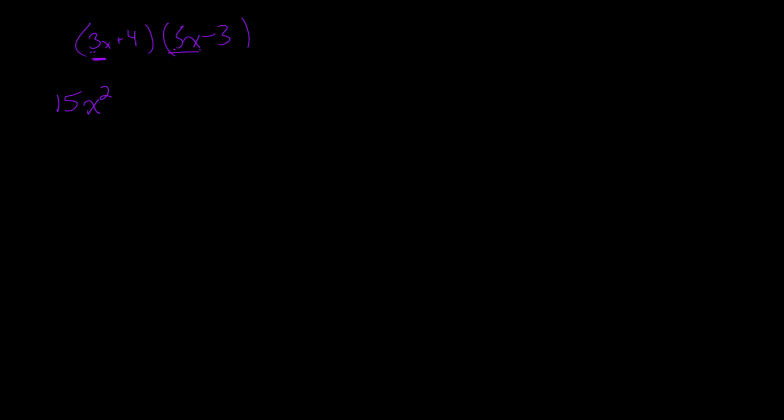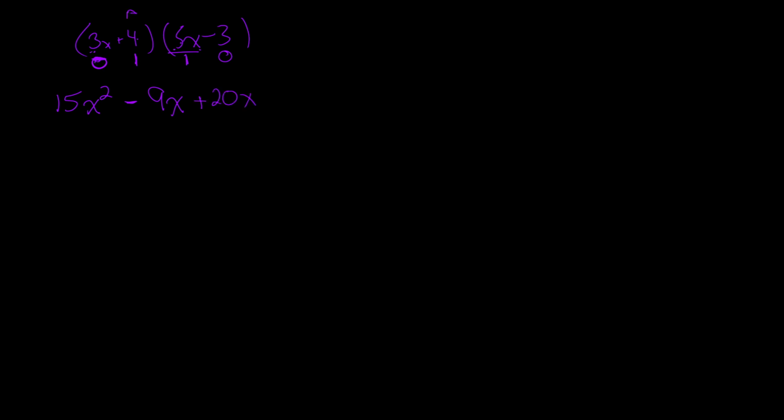Now I'm going to do my outers. So that's an outer, and that's an outer. So negative 3 times 3x is negative 9x. And now I'm going to do my inners. That's an inner, and that's an inner. So 4 times 5x, and it's a positive 4, gives me 20x.